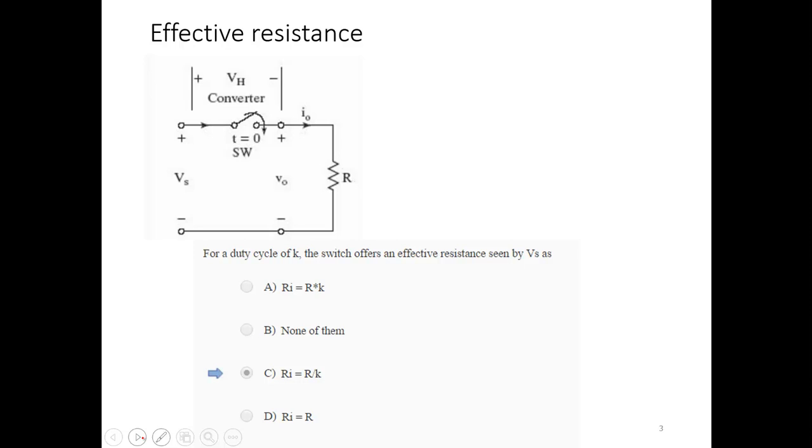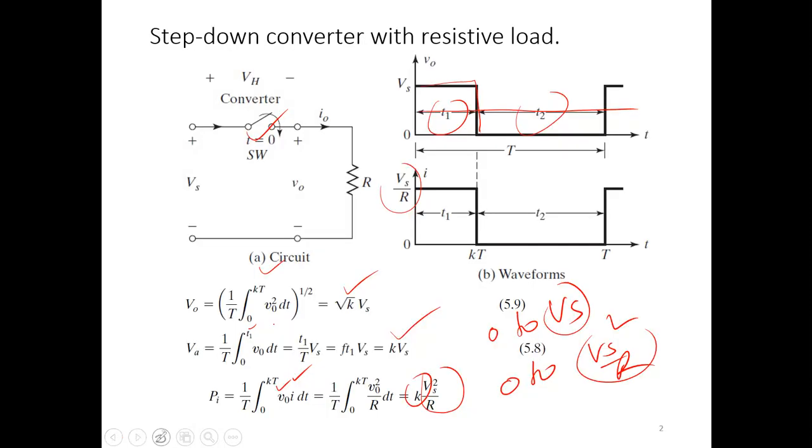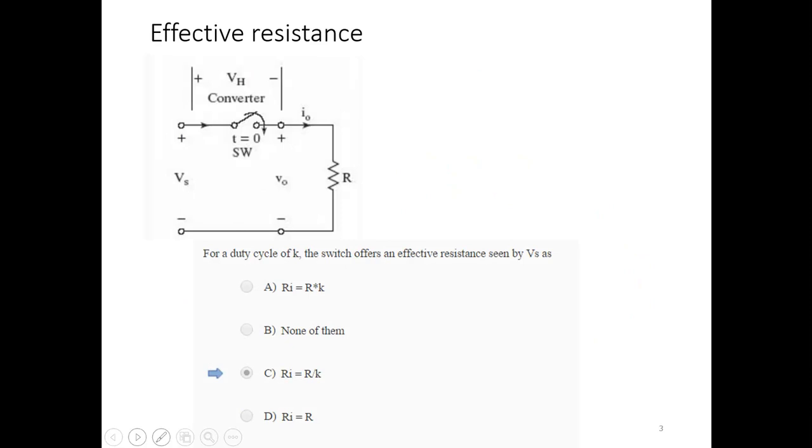Now, what is happening? The effective resistance. The switch acts like a modulator. If you connect the switch completely, the resistance is R. If you look at the battery, the battery sees a load resistance R if the switch is closed.